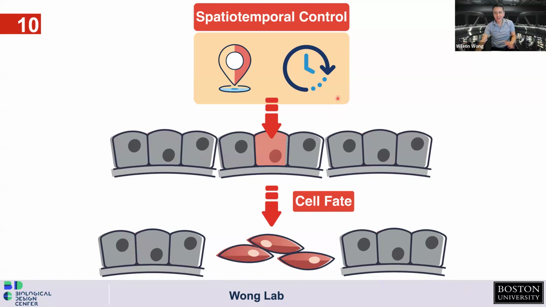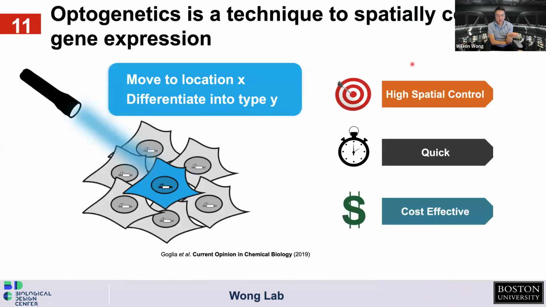But anyway, we're very interested in seeing if there are spatial and temporal controls that ultimately change cell fate. One of the things that we got really intrigued about, and there are a lot of people thinking about this, is using light as a way to control gene expression.